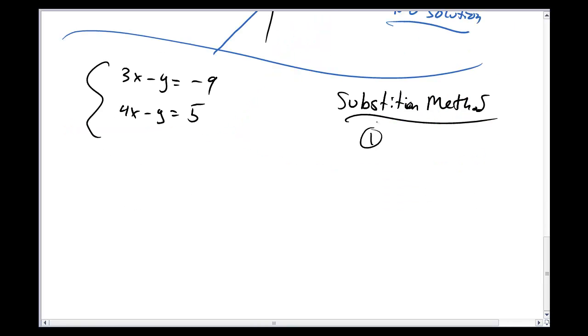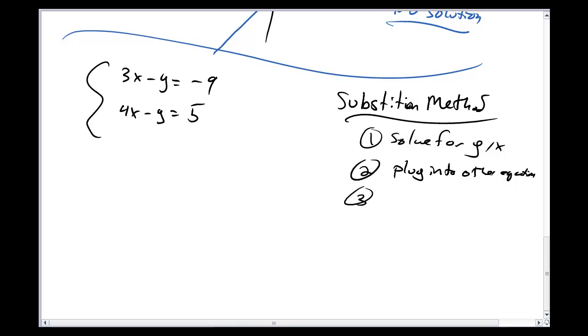Step 1, pick one of the equations and solve for y or x. Plug into the other equation. This gives you a single equation with only one variable. Solve for the remaining variable.